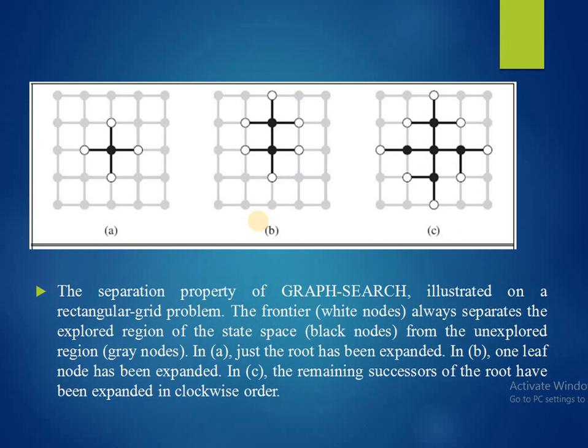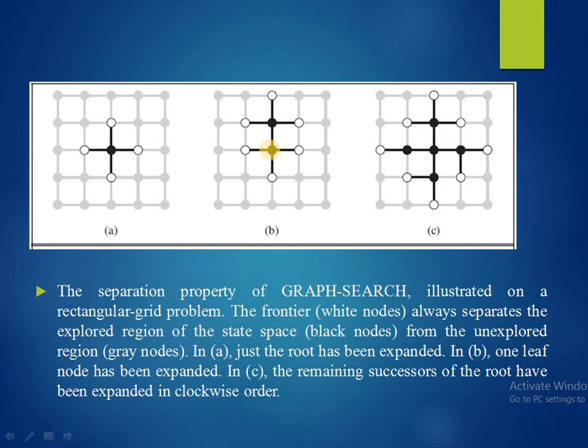Here we can see the separation property of graph search illustrated on a rectangular grid problem. The frontier, denoted by white nodes, always separates the explored region of the state space, denoted by black nodes, from the unexplored region.